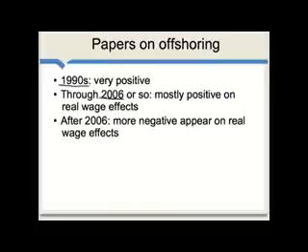After 2006, we find many of the papers become more negative on the real wage effects in the wealthier countries. Now, you might think the later papers are in some sense always better, and maybe that's so, but keep in mind it could also be argued that these later data points are maybe in some sense outliers. But over time, on the question of real wage effects in the wealthier countries, there seems to have been an ongoing shift of opinion.